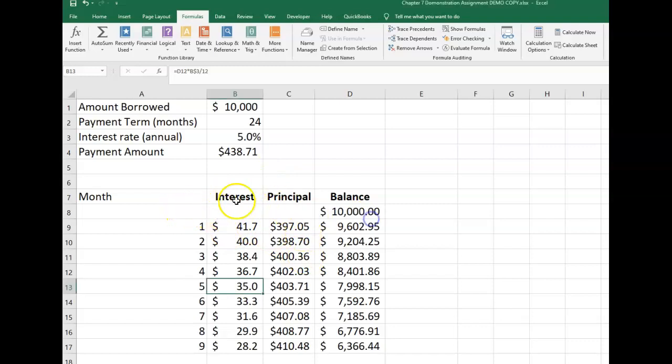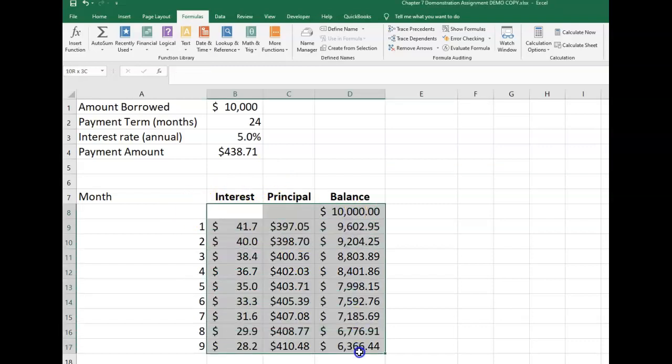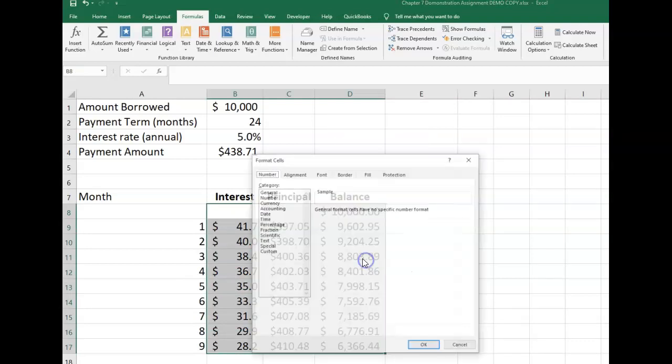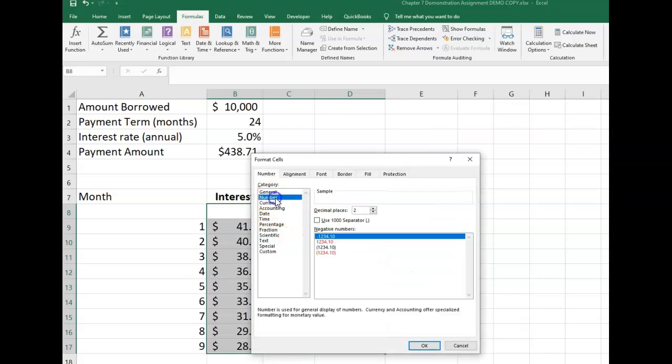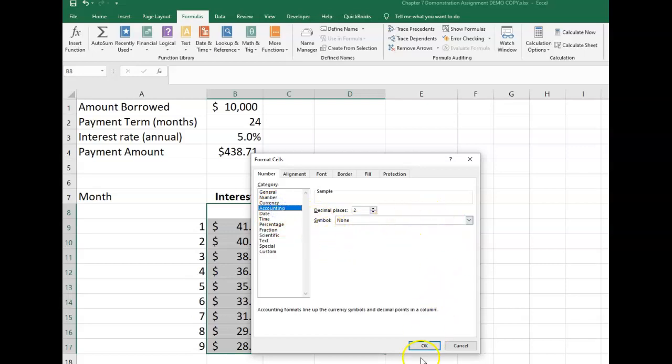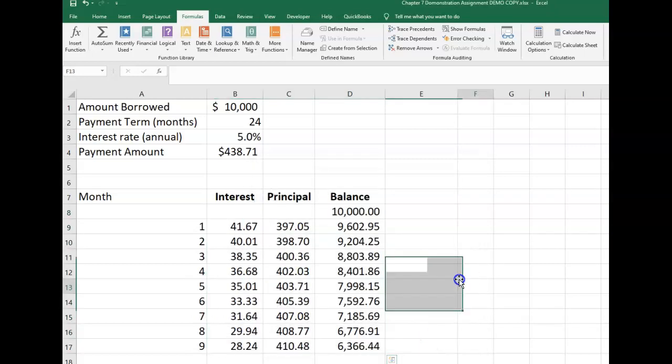But let's change the number format to accounting, no dollar sign. Okay, and I just think that looks so much cleaner. You could put a dollar sign here and you could have totals down here, but it's not fully amortized. I would wait on that.